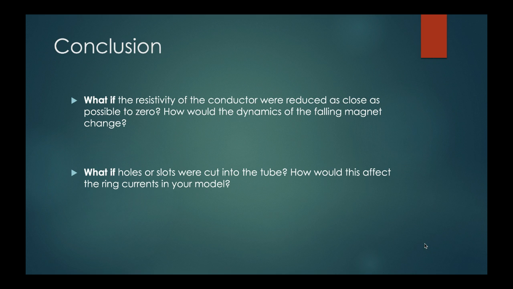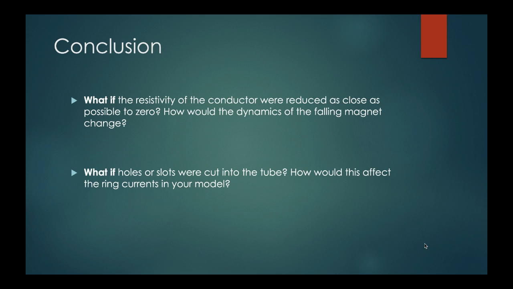And then on the other hand, what if holes or slots were cut into the tube? How would this affect the ring's current in our model? Pretty much if holes or slots were cut in the tube, these would be considered regions where the resistance was pretty much infinite, as you can think of air as a resistor, I suppose.